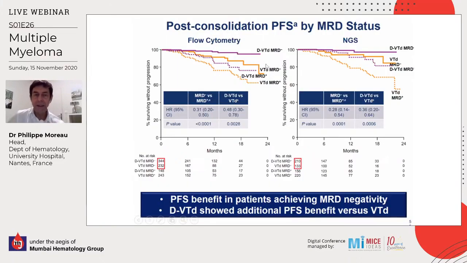And interestingly, when comparing VTD MRD-negative patients and DARA-VTD MRD-negative patients, the outcome is not identical. With DARA-VTD, the outcome is much better, indicating that potentially we are reaching 10 to the minus 6 more often with a quadruplet as compared with VTD alone.